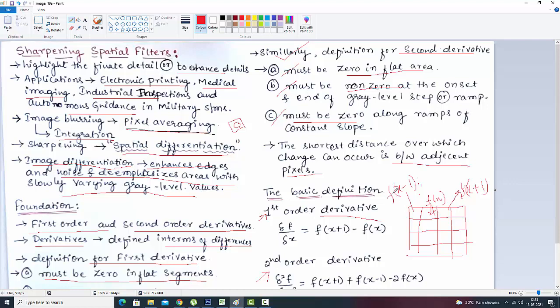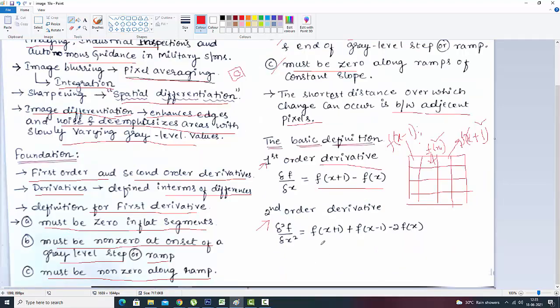When the first derivative is needed, this portion and this portion are required. So f(x+1) is subtracted from f(x). In the second derivative, we see f(x+1) plus f(x-1) minus 2f(x).